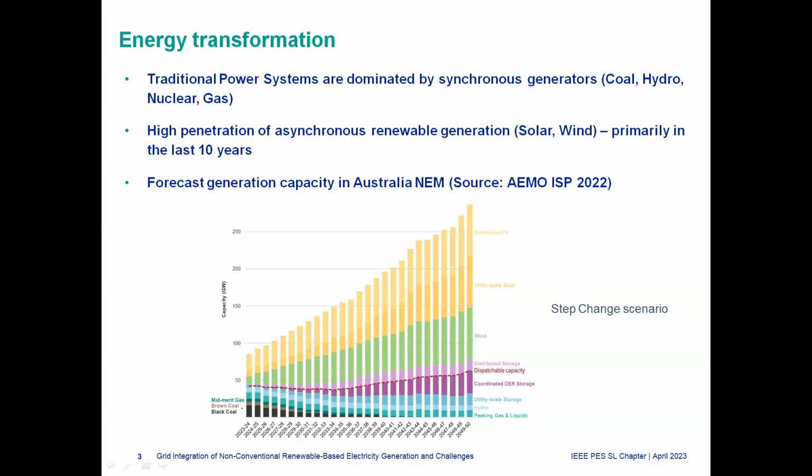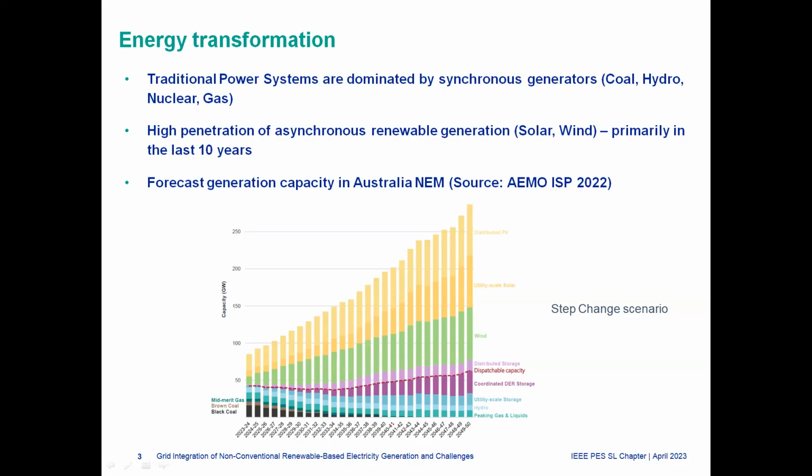But if you look at coal, which is the black coal, the black bars, and also the brown coal, you can see they are gradually reducing. So what we expect is that there will be a significant reduction of coal generation in the next decade. By 2032, 33, there will be hardly any coal in the Australian power system. Then gas and hydro very much remain the same.